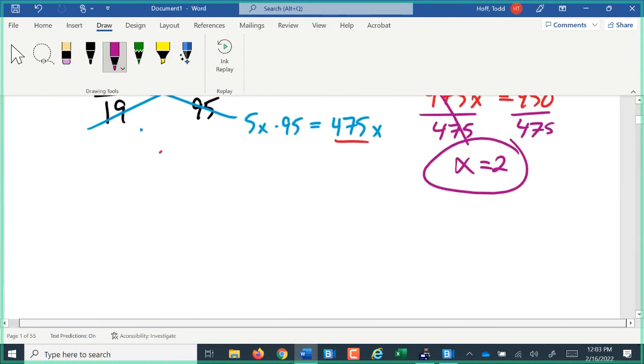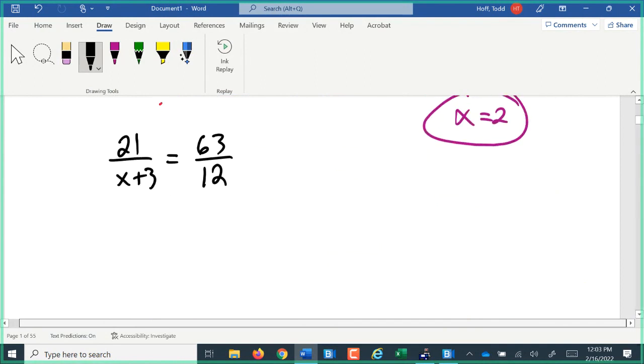This one looks less difficult, but it's actually a little bit more complicated. We might have 21 over x plus 3 equals 63 over 12. Now you might be a little uncomfortable with that 63 over 12, but remember, these are ratios. They're not fractions. We don't have to worry about improper fractions or anything like that.